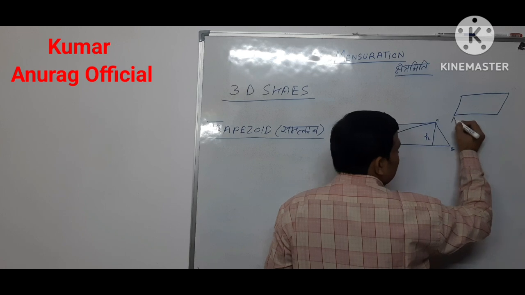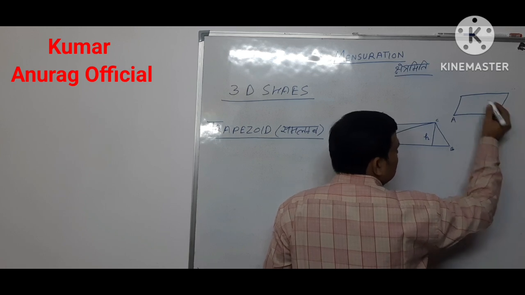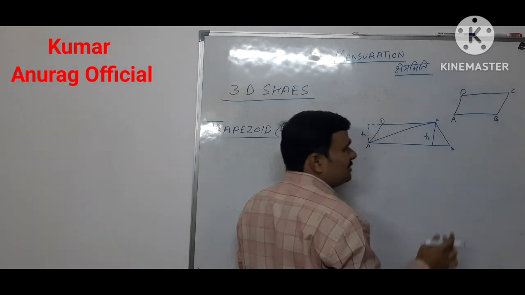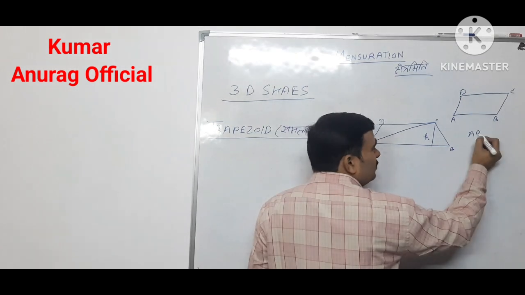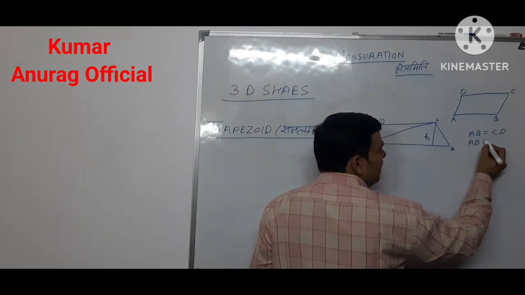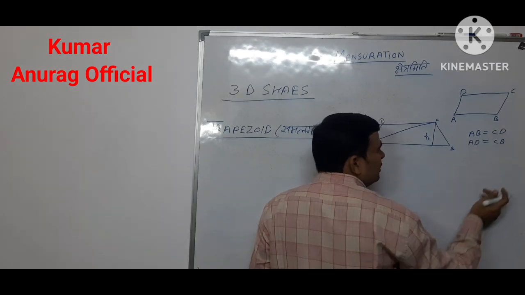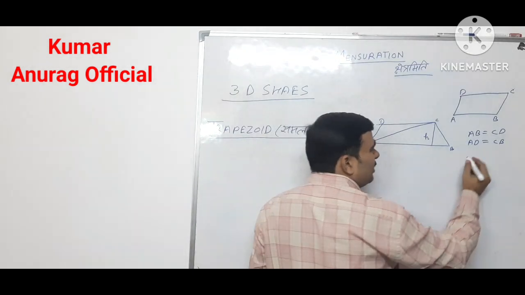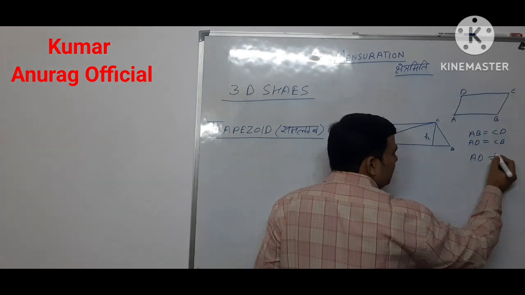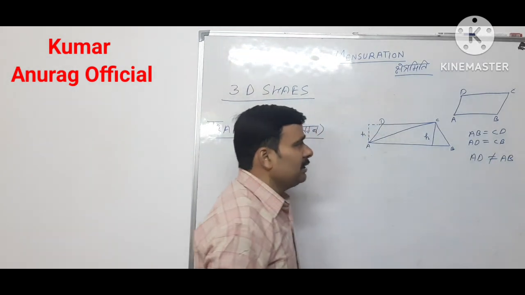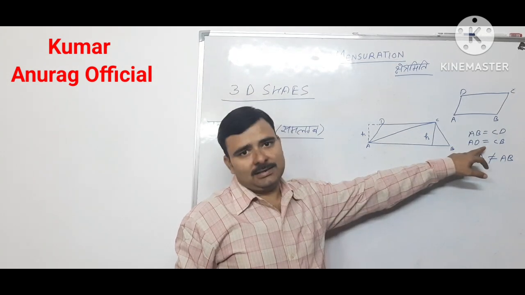As you can see here, a trapezoid ABCD, in which AB is parallel to CD and AD is not parallel to CB. That means we have only one pair of parallel lines.